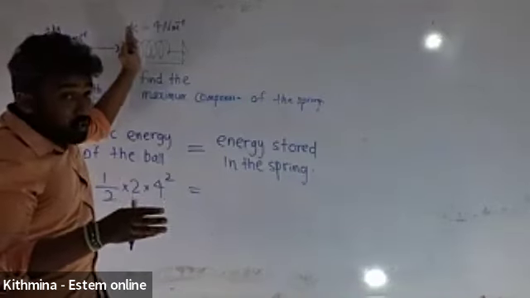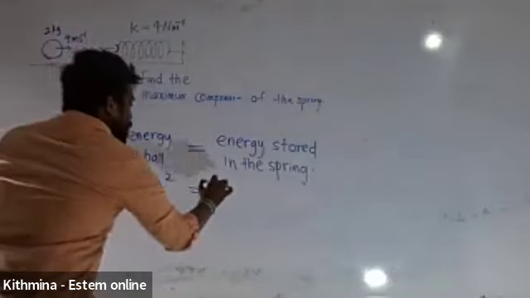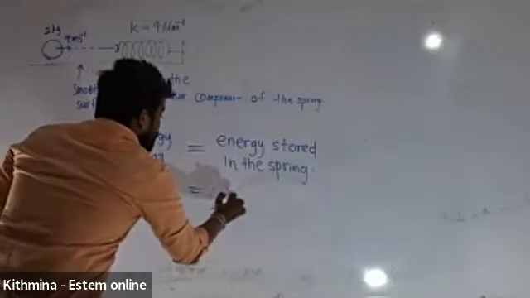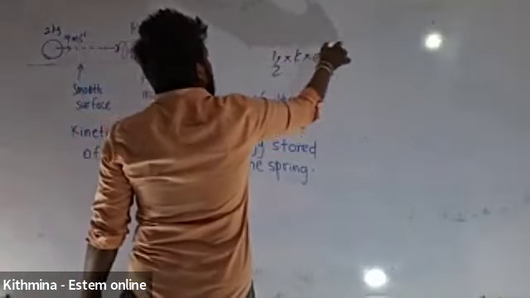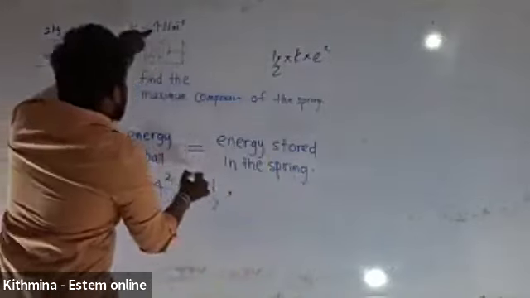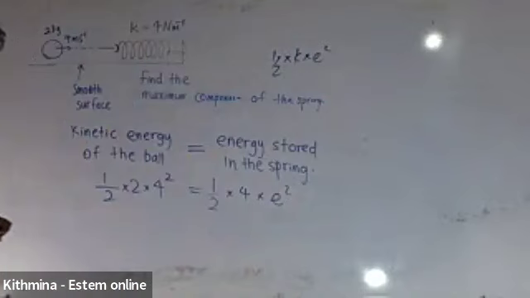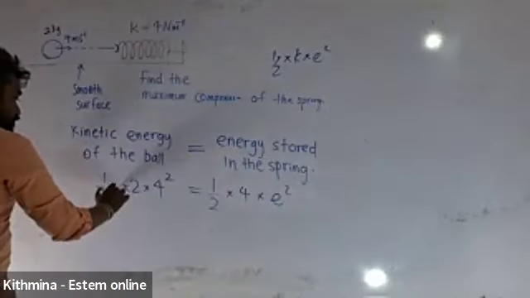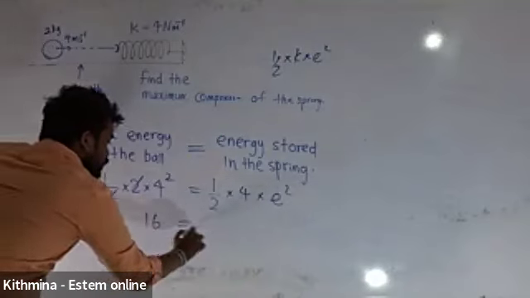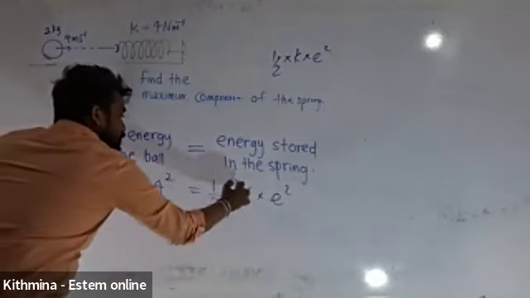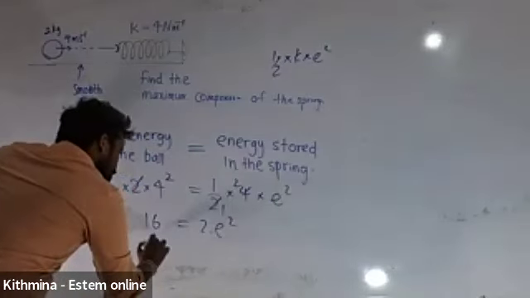Okay, the energy stored in the spring is half k x squared. You can remember half k is now 4, then x squared. Now this 2 and this 2 cancel out. 4 into 4 is 16, and 2 squared is 4, so 8 equals x squared.